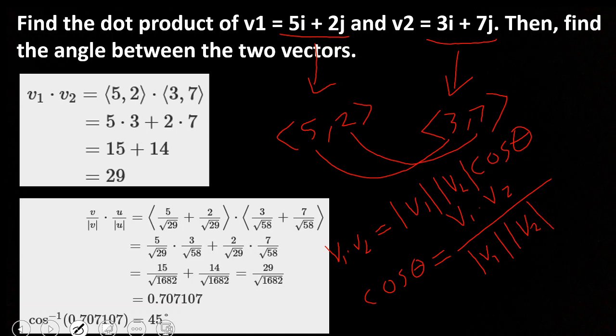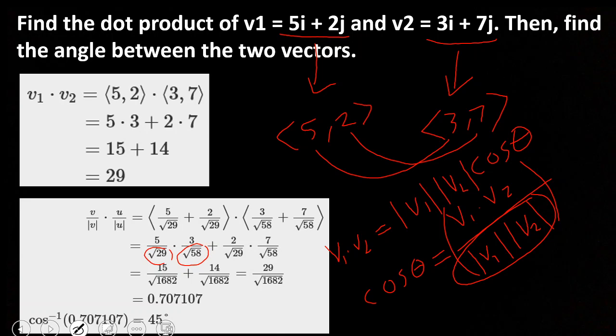And then to find the theta, we just do the cosine inverse of this. So what is the absolute value of v1? It's the square root of 25 plus 4, which is square root of 29. What's the absolute value of v2? Square root of 9 plus 49, which is 58. Square root of 58. So those are those two in the denominator.